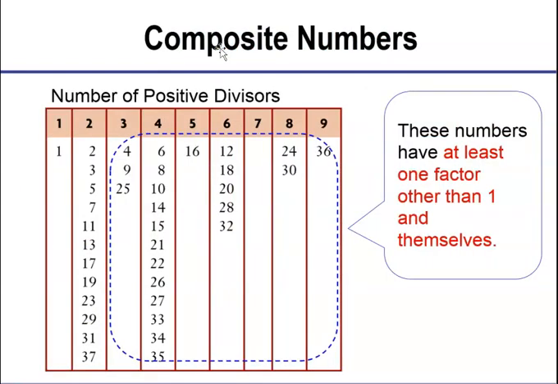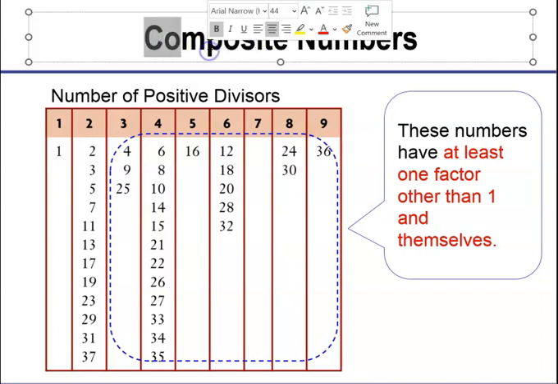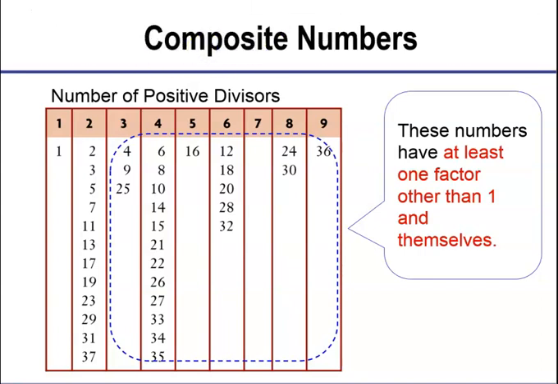On the other hand, all these other guys, if you have more than 2 divisors, then you are called a composite number. Here we go. So real big at the top there. Any whole number that has more than 2 positive divisors is what we call a composite number. So it has divisors other than 1 and itself.